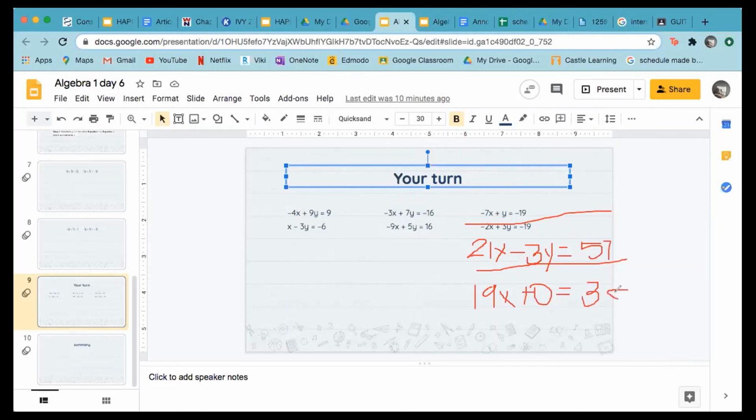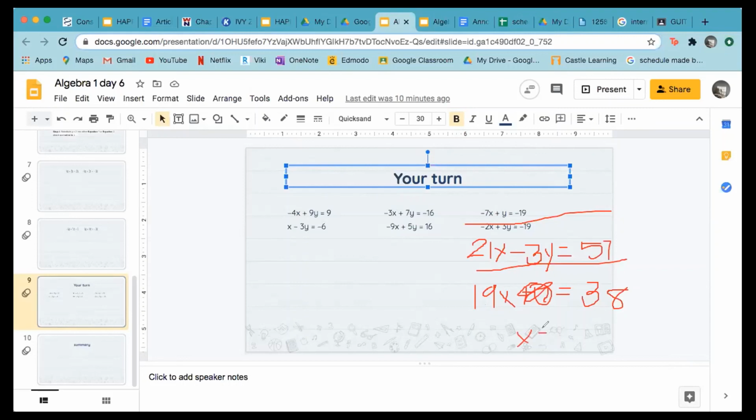What do you want to do to isolate x by itself? You would subtract 10 and 38. Sorry, this is a 0. Pretend there's nothing here. So what would you do? 19x equals 38, and you want x by itself. You divide by 19.